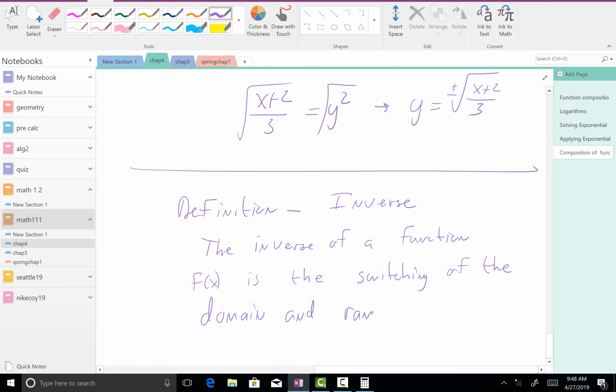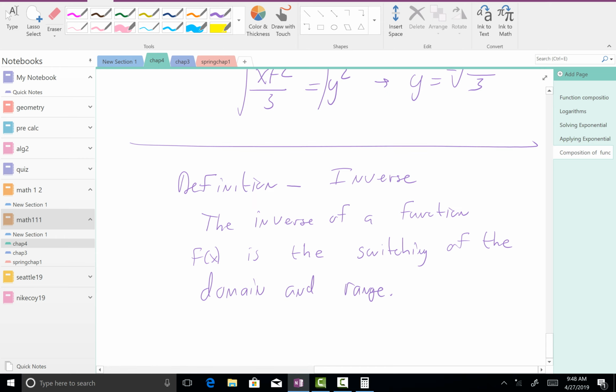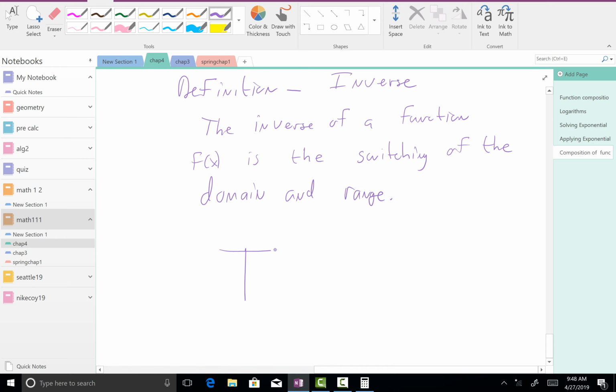All right, so here 1, 2, 3, 4, 5, 10, 11, 12, 13, 14, then the inverse is going to switch those things.